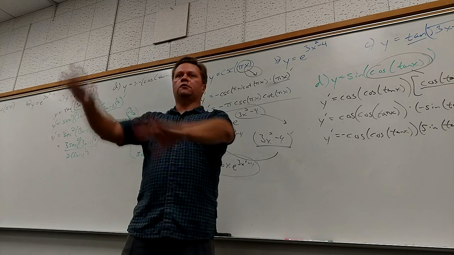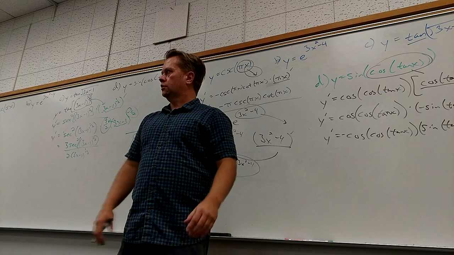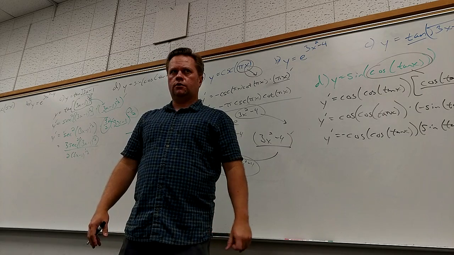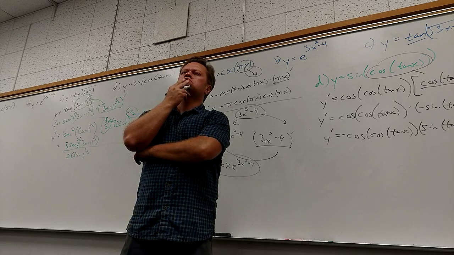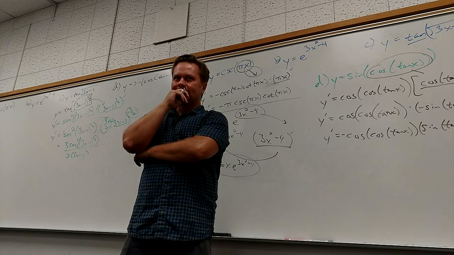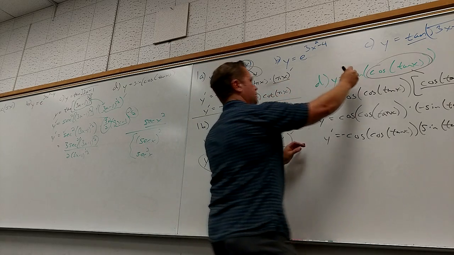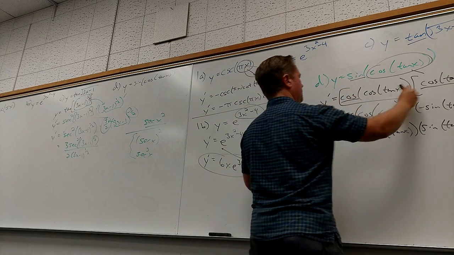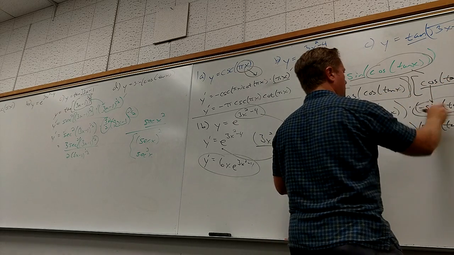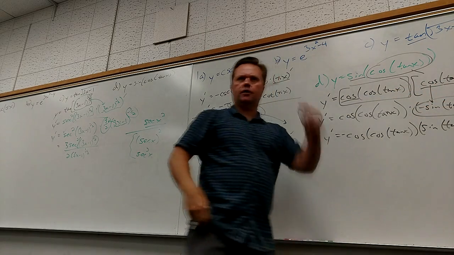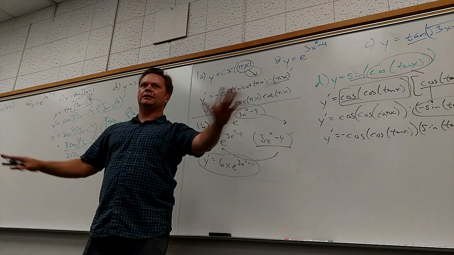You can rearrange them if you want to, like the shell game, but where's the x? So here's the sine's derivative, bam. Then the inside got a turn. Here's the cosine's derivative, bam. And then the inside got a turn. I just keep repeating it until I'm like, no more insides, please.